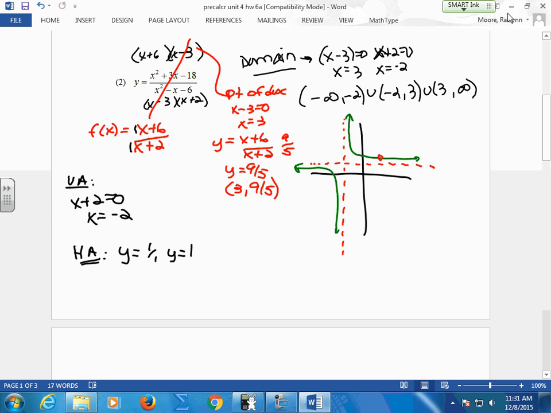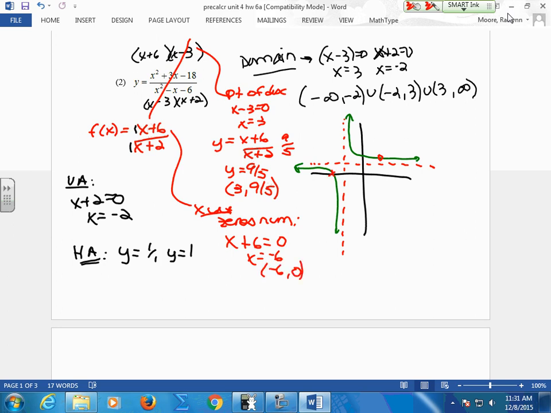Everybody good so far? Zeros of my numerator. I noticed I did pass the x-axis. So let me look for my x-intercept. Zeros of my numerator, after I factor. Yeah, and that totally makes sense to me. I'm crossing over here. Could very well be the negative 6, right?